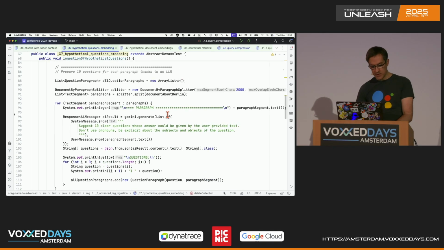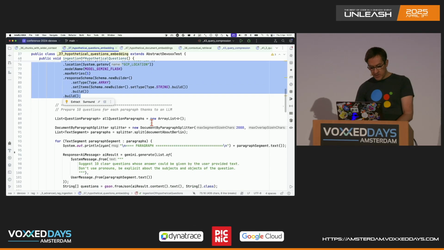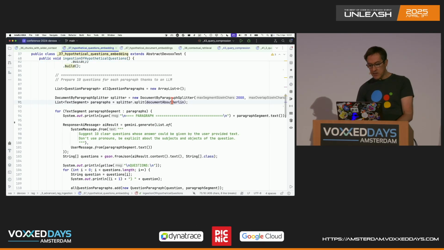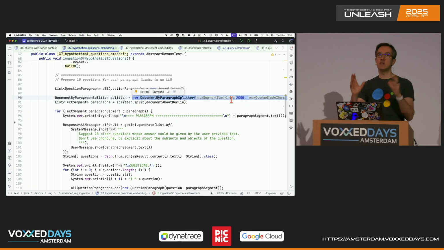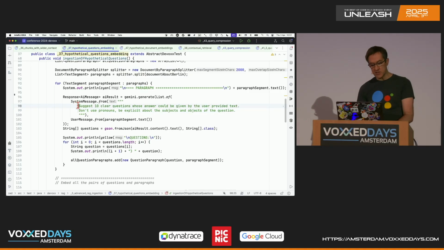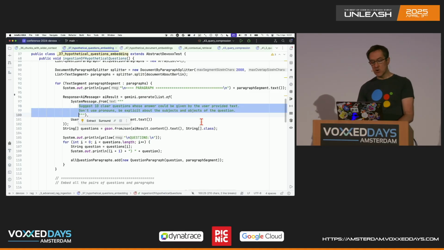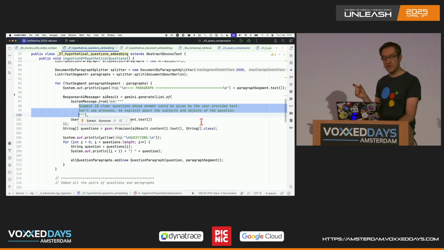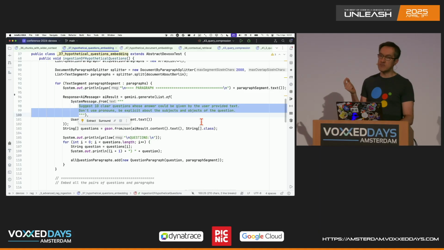Let's move. So I define my Gemini chat model. And here I'm splitting by paragraphs. Okay. So 2,000 characters. In case the paragraph is too big, I'm going to split by characters. And this is the part that's interesting here. So for each of those big chunks of text, I'm going to ask an LLM. Here I'm using Gemini. Suggest 10 clear questions whose answer could be given by the user provided text.